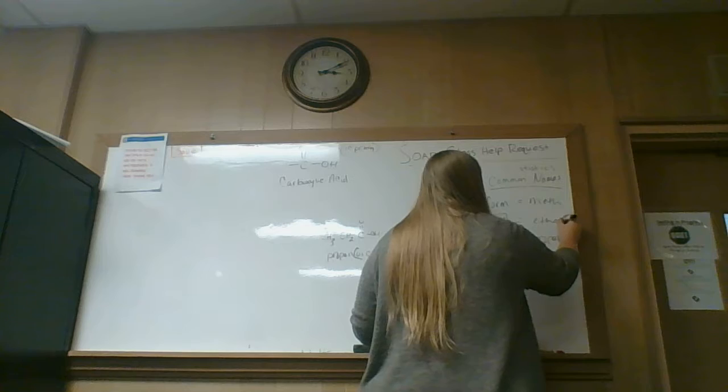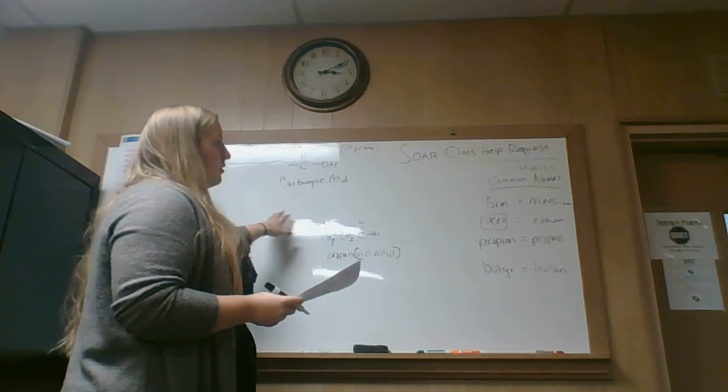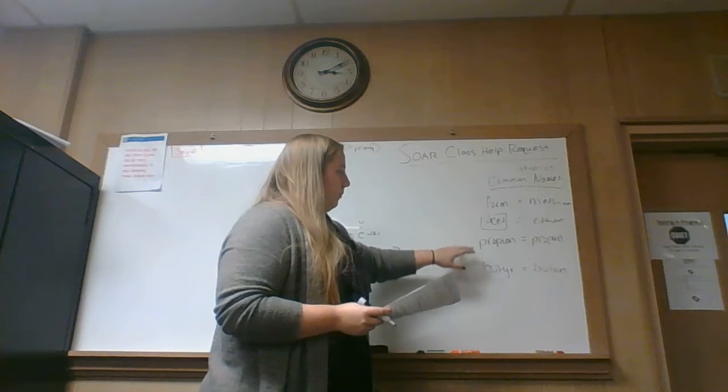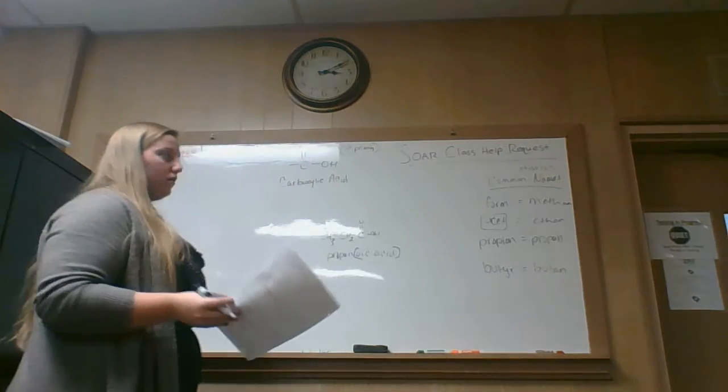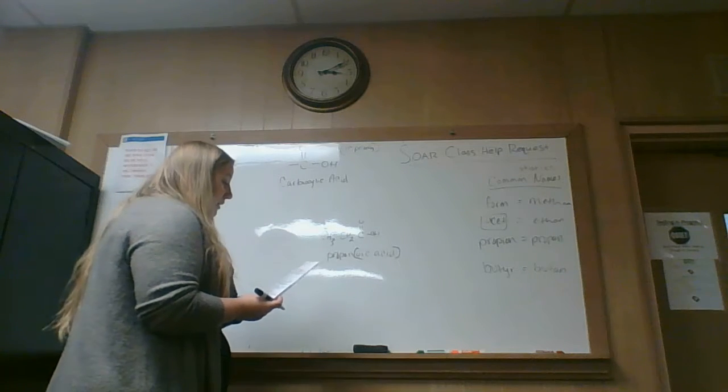We can do, since we're talking about carboxylic acids. So form, acete, propion, butyr. Okay, those are the prefixes for common names. Like I said, acetic acid is really the one that you need to know.